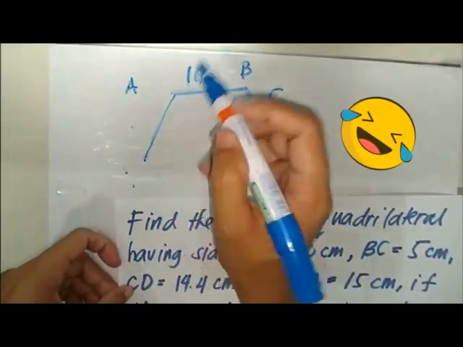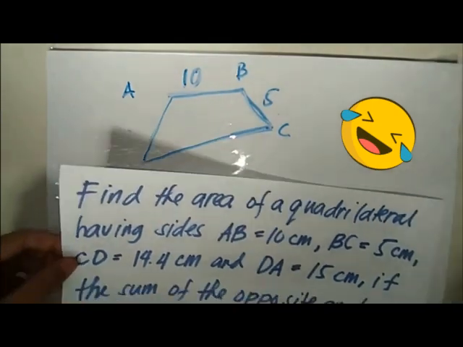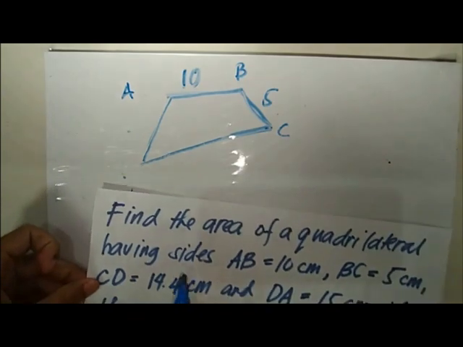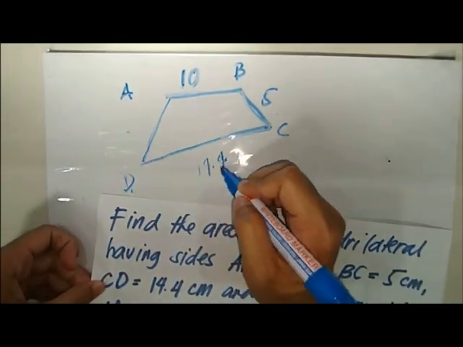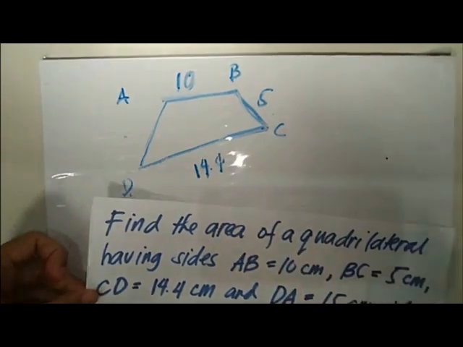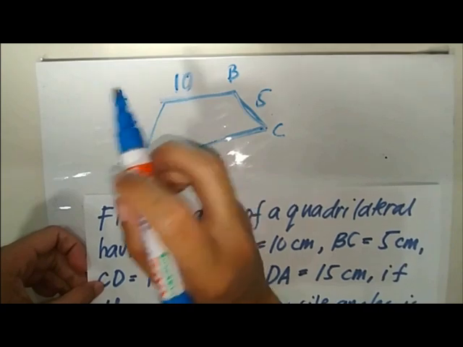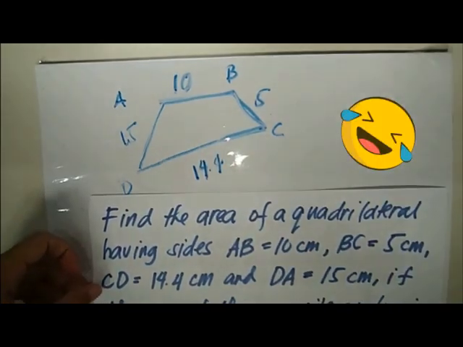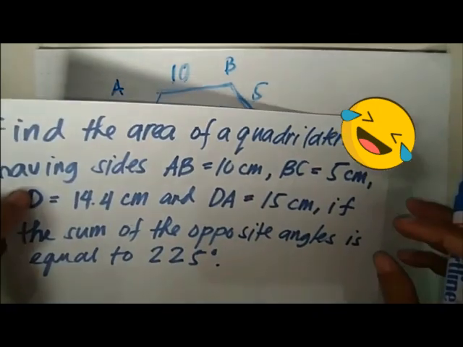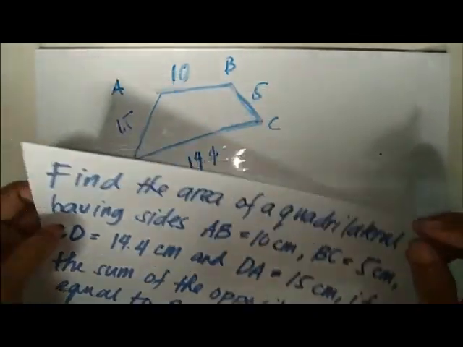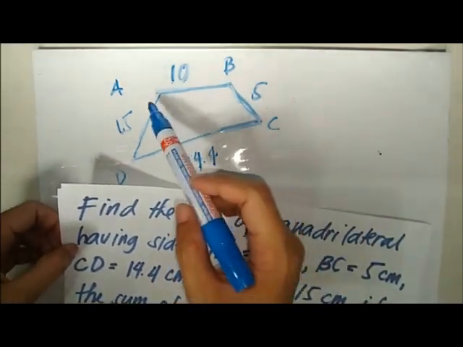So, ang hirap i-drawing ng actual figure. So, CD is 14.4. So, yung DA is 15. Mas mahaba yung DA sa actual, huwag nyo naintindihan yung drawing. So, yung opposite sides daw niya, meron tayong opposite side, it's either ito or ito.